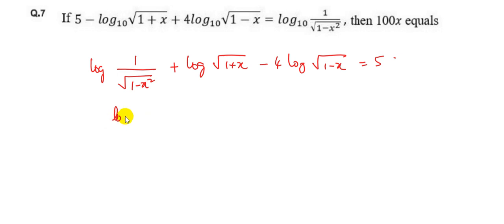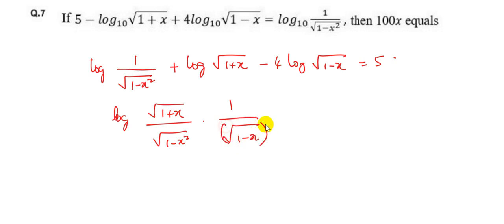So this would be log of root over 1 plus x by root over 1 minus x square into 1 by root over 1 minus x to the power 4 equals 5, and this is to the base 10.